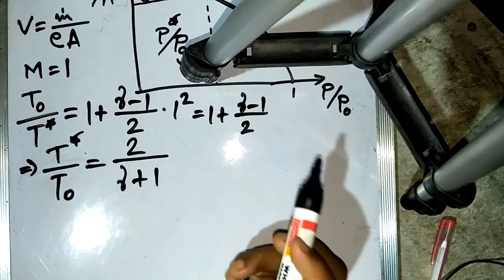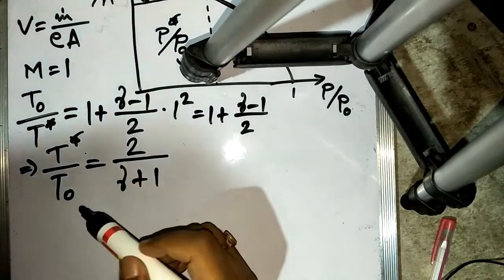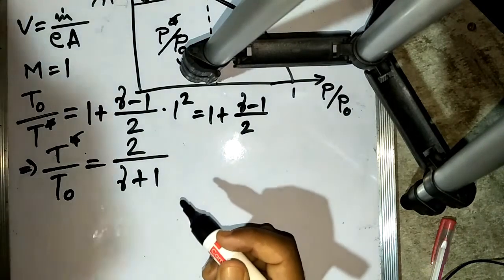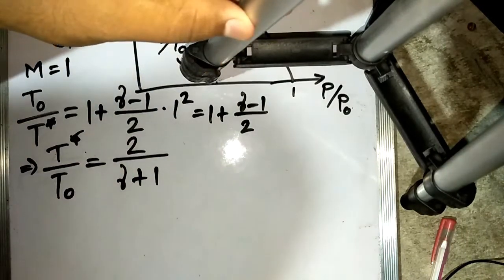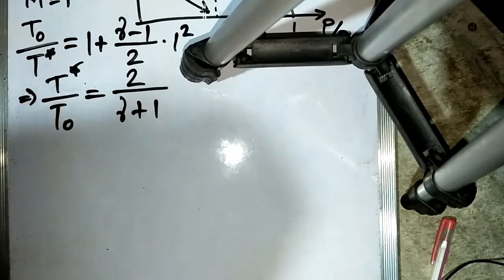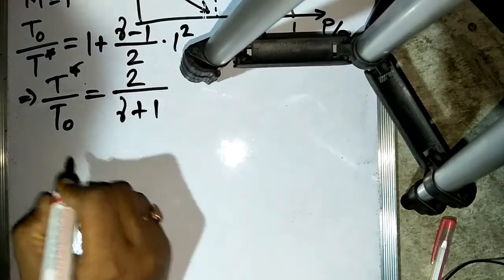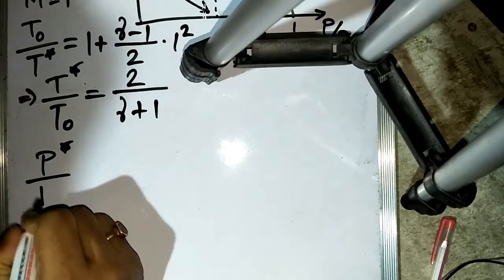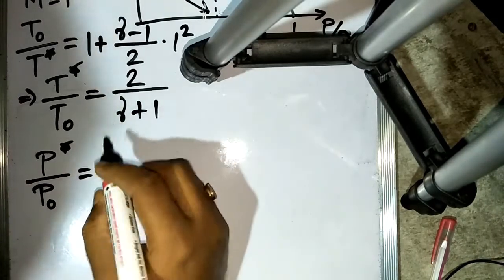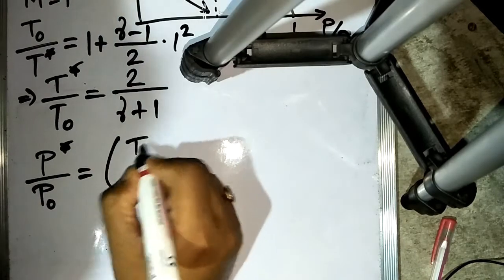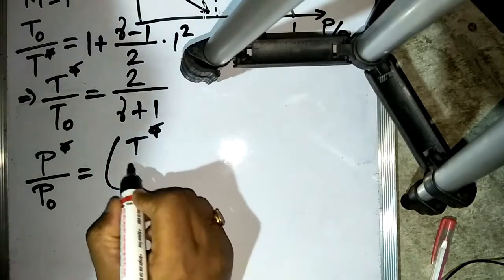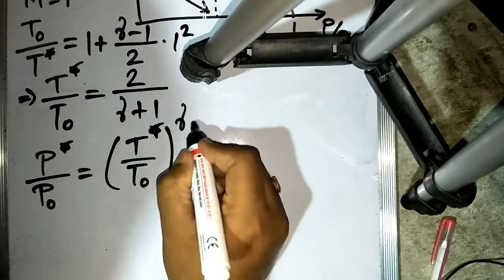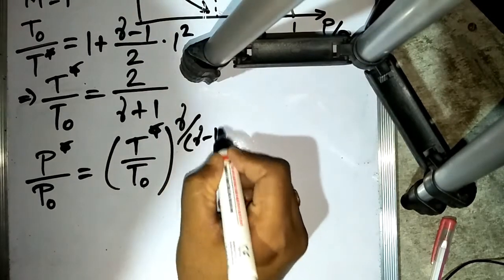Now we know the relation between temperature and pressure in adiabatic flow, so let's write the pressure relation. P star by P0 equals T star by T0 to the power gamma by gamma minus 1.